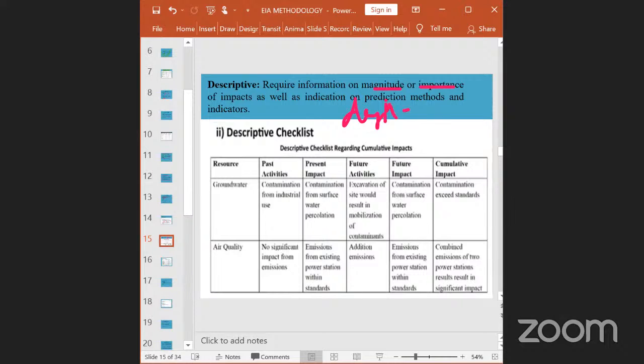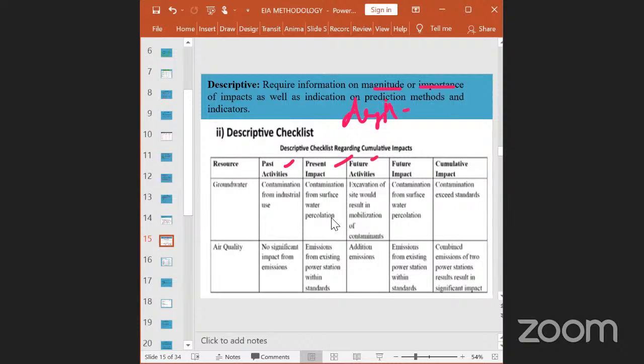What will be the potential environmental impact of this particular activity is written in a descriptive manner. For example, you see this table, which includes past, present, future, these 3 actions.